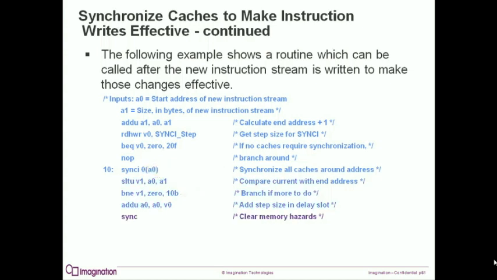Once we have looped through all cache lines, use the sync instruction to sync any coherent memory so other devices that might be sharing the memory will see the change. And return, making sure that any instruction hazards have been cleared. Note, the jr.hb instruction could be replaced with a jalr.hb, an ERET, or a DERET instruction as appropriate.